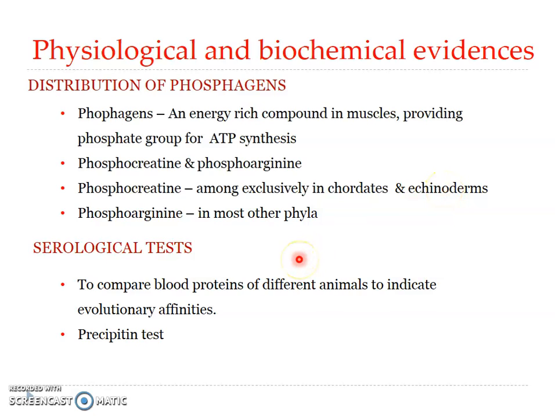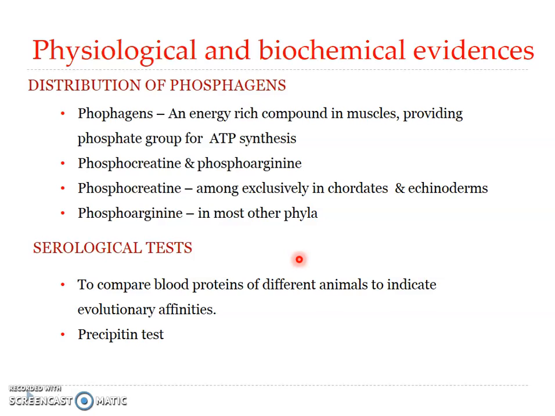Now, the next biochemical evidence is provided by serological tests. It is by way of comparing blood proteins of different animals, demonstrating evolutionary affinities.